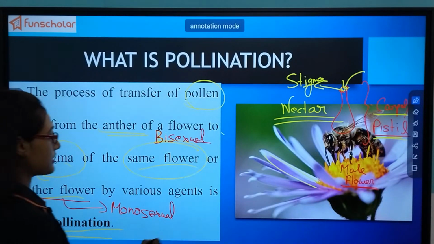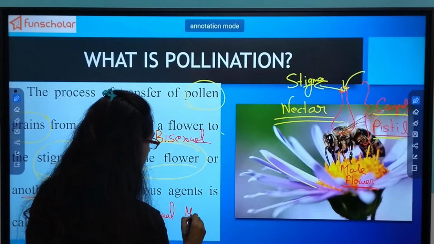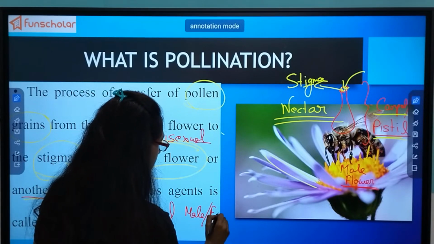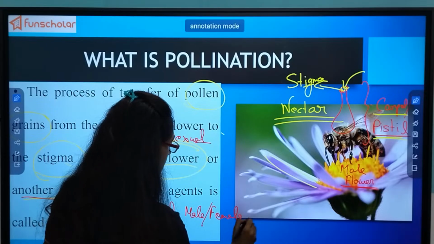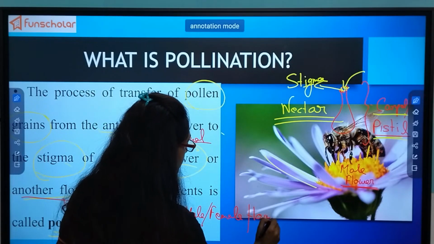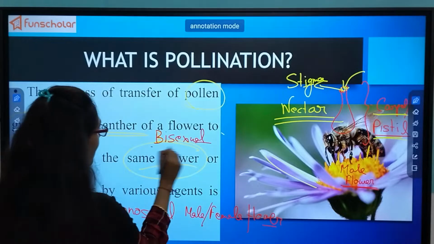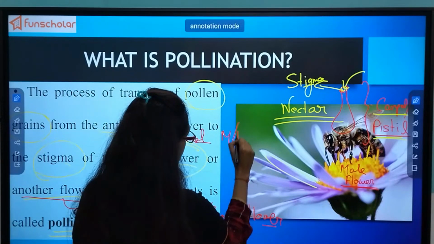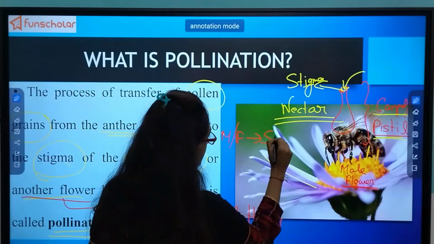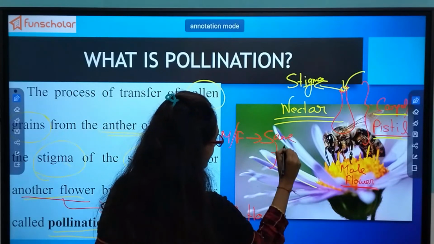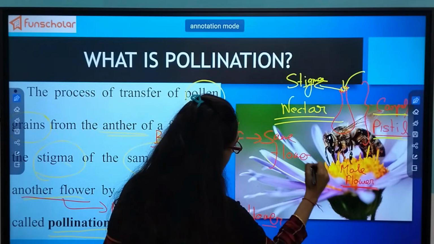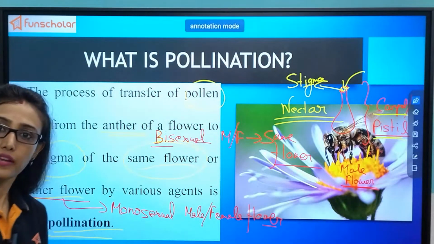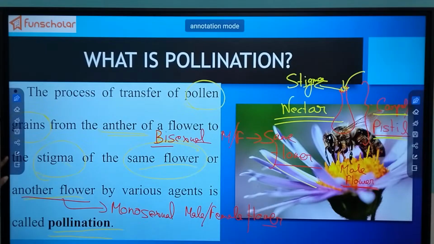Mono means one, that means either a male or female flower, right? And bisexual means, bi means two, so both male and female are present in the same flower. That is why the flowers may be the same or different. Understood? I hope you have understood.